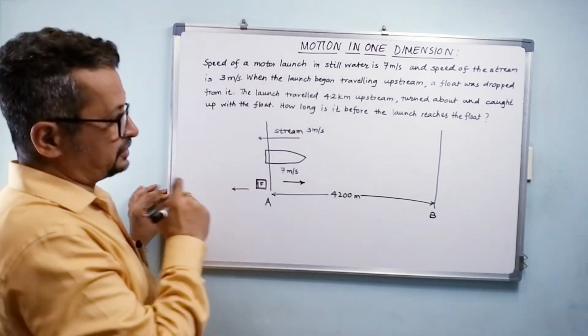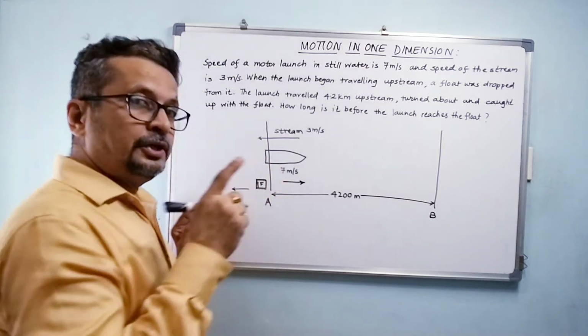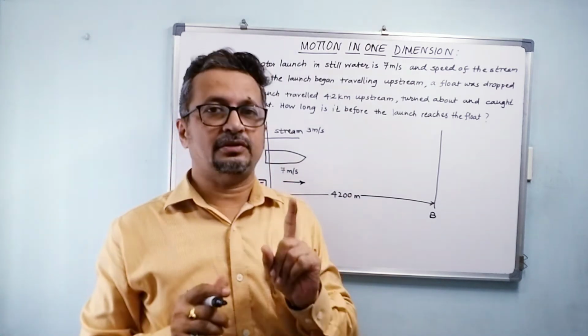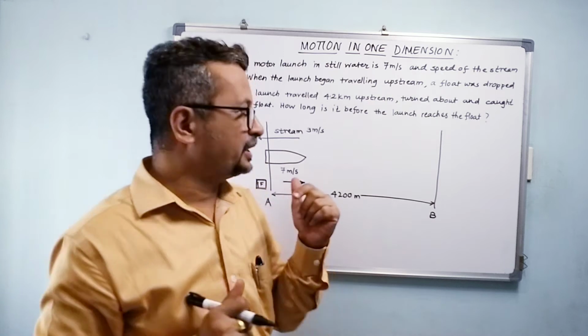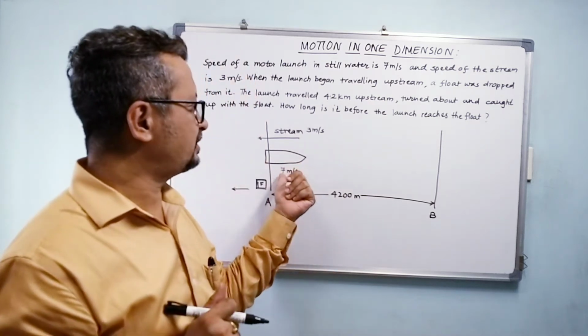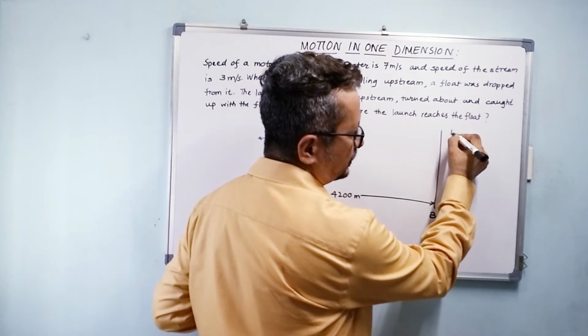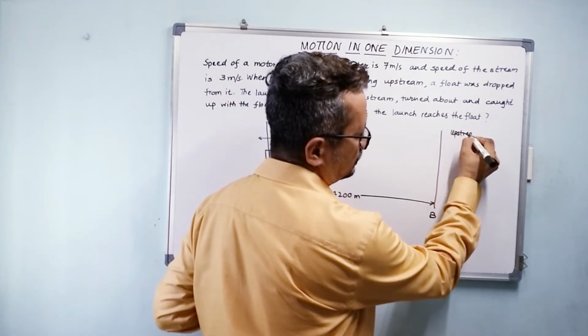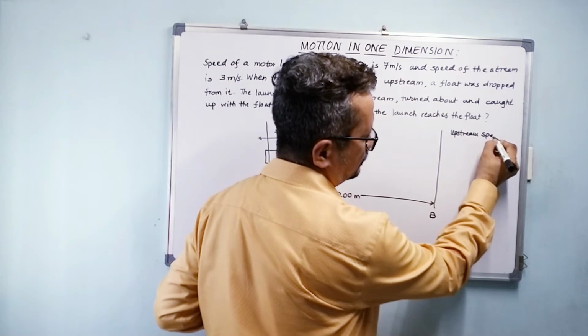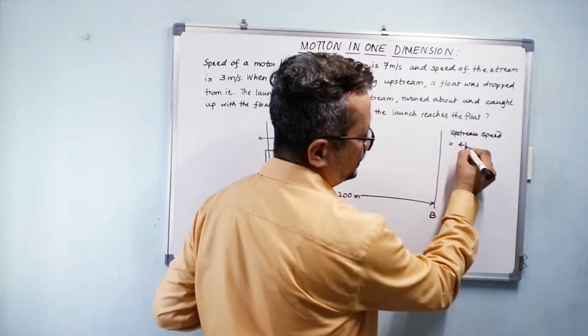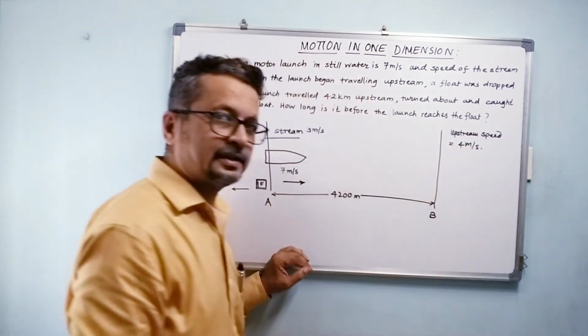Now listen, the speed of launch in still water is 7, but then upstream speed would be 7 minus 3, so upstream speed would be 4 meter per second, correct?